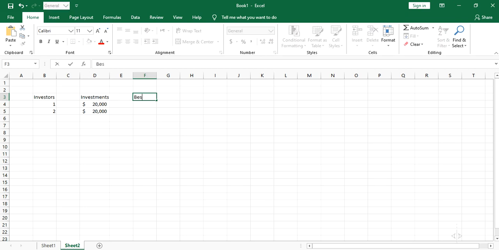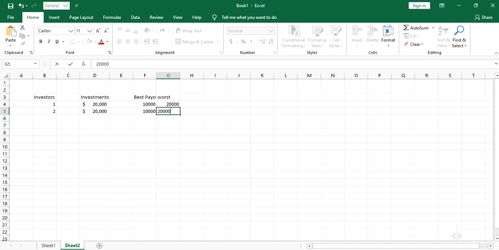So the best payoff, profit, is to make 10,000 profit. Or the worst payoff, you have two outcomes for this investment, to lose all your $20,000.